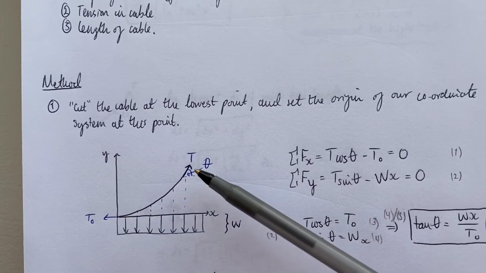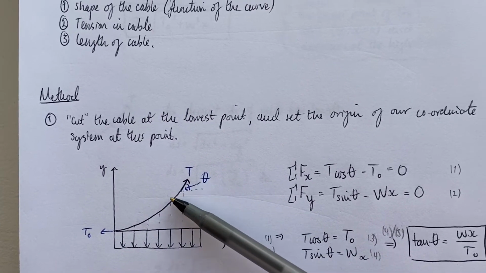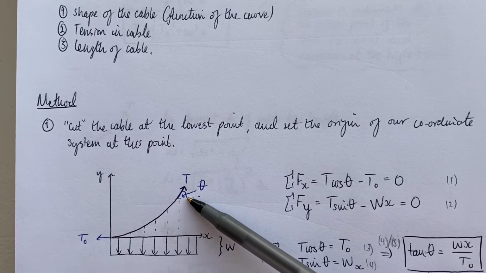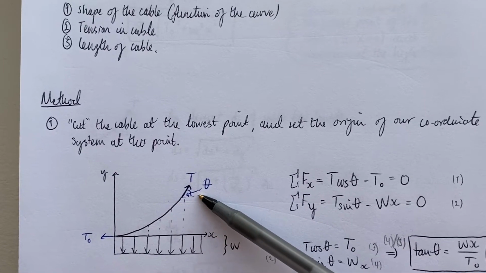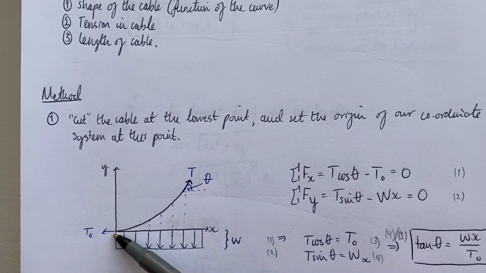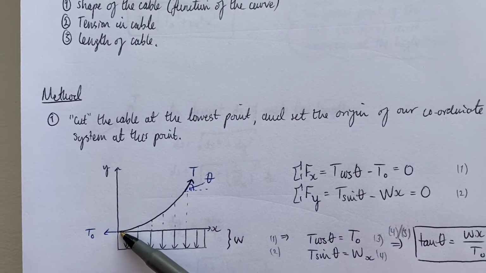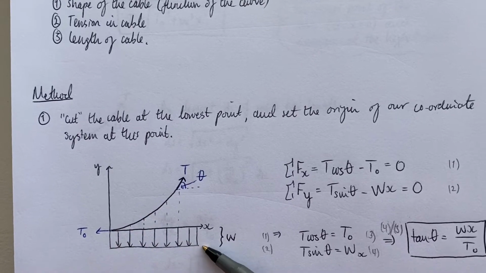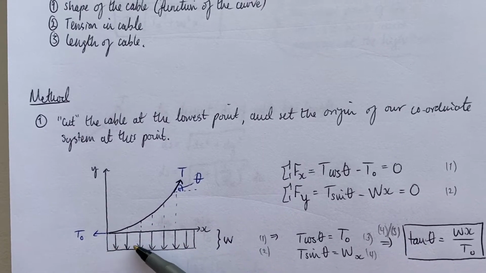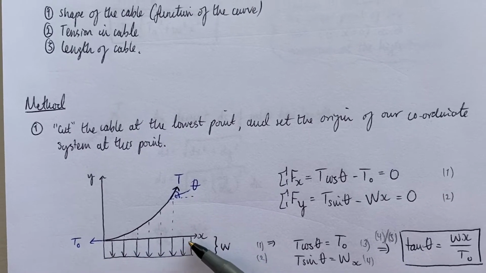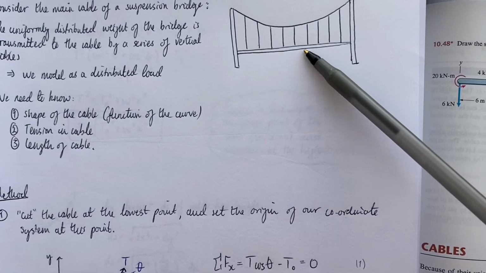And then what we have is a tension T acting in this direction at an angle theta to the horizontal, and we have a T0 acting horizontally at the lowest point. And then here I've drawn on a distributed load of magnitude W, which represents the weight of the bridge, right?